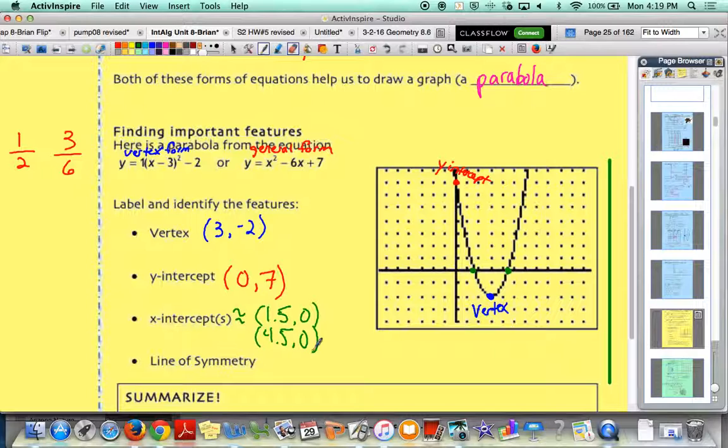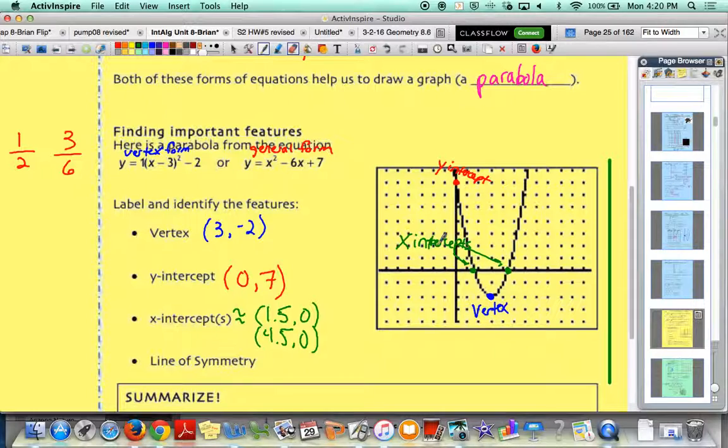We'll have to analyze that a little bit later when we get into factored form. But let me see here. Maybe we can write in x-intercepts, which are right there and right there. So both of those are x-intercepts, and my writing is a little bit sloppy there.